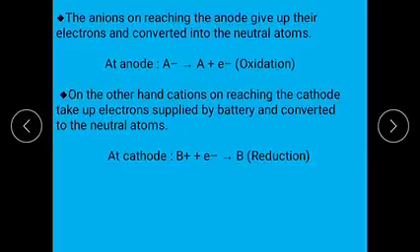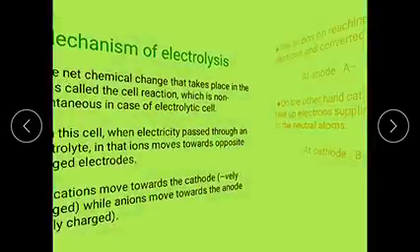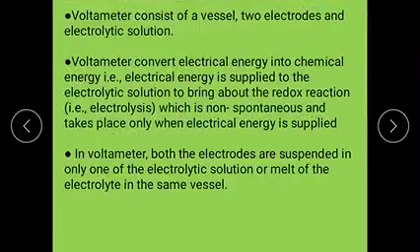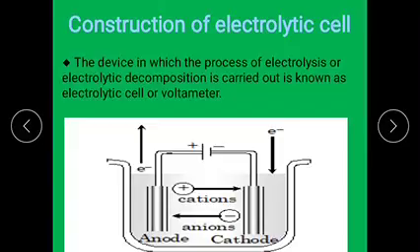When we take any electrolytic solution in the vessel and pass electricity through it from the battery, first of all the electrolyte is dissociated into ions according to the Arrhenius electrolytic dissociation theory.